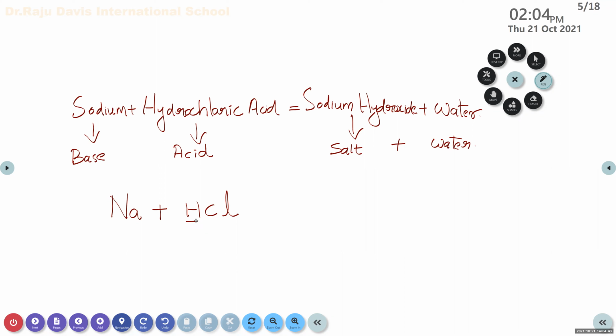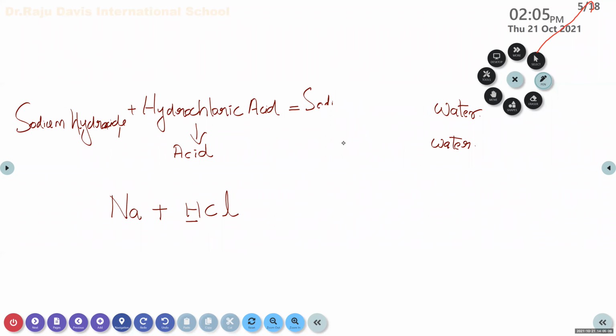Okay, one minute, there is a change in the equation. The base is not sodium, the base is sodium hydroxide. Sodium hydroxide combines with the hydrochloric acid and they form sodium chloride. Sodium chloride is the salt. Sodium chloride plus water.